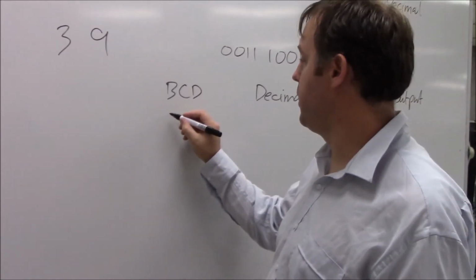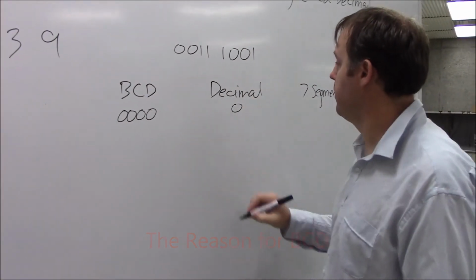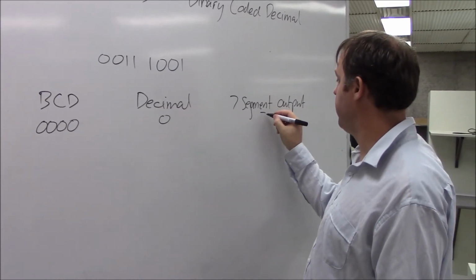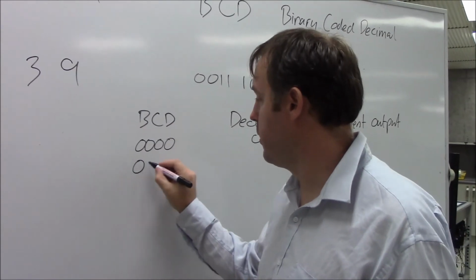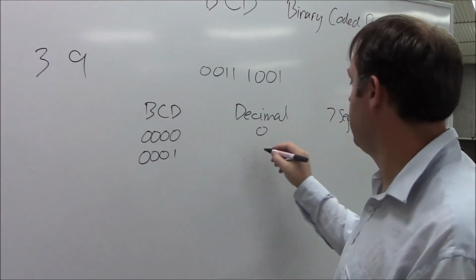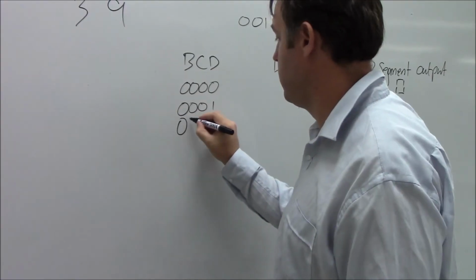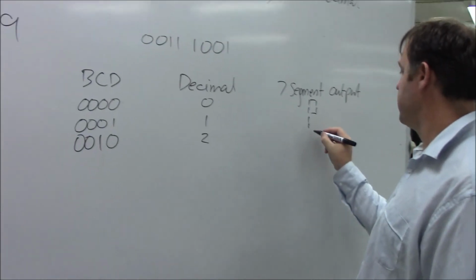Okay, so if BCD was 0, 0, 0, 0, the decimal equivalent of that is 0, and the 7-segment output would display the segments that would give you 0. If we tick it over to 0, 0, 0, 1, decimal 1, you get the 1. If we keep going, 0, 0, 1, 0, which is 2, we get the segments that represent a 2.